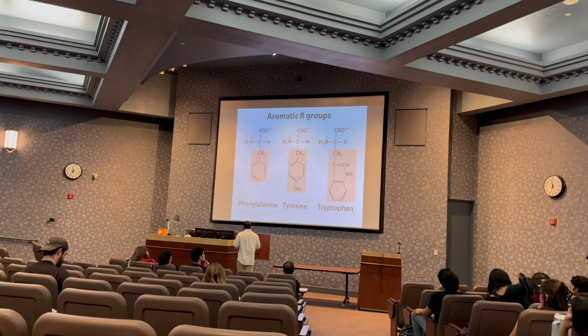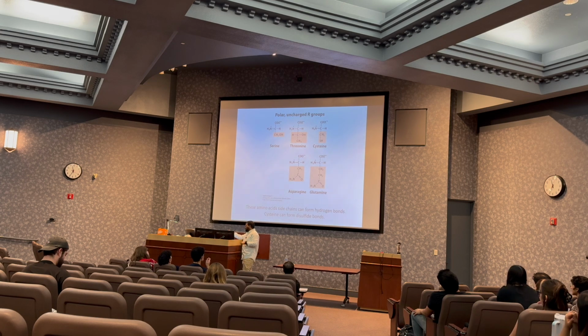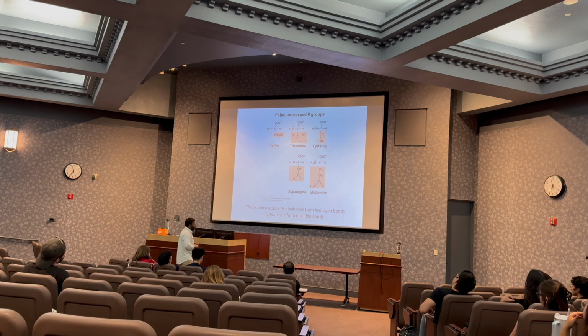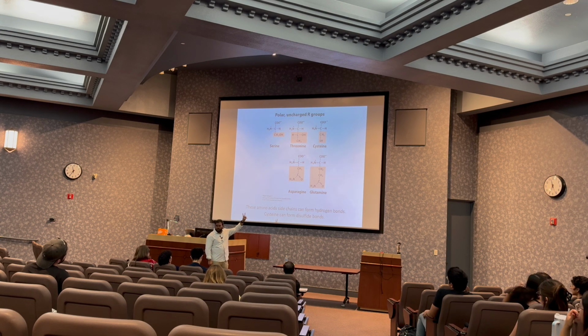Okay, the third category was polar uncharged groups. I said computer science to Apple and Google. C for cysteine, S for serine, T for threonine. Okay, and then A for asparagine and G for glutamine. Do you remember the difference between asparagine and glutamine? One has one CH2 and the other has two CH2.